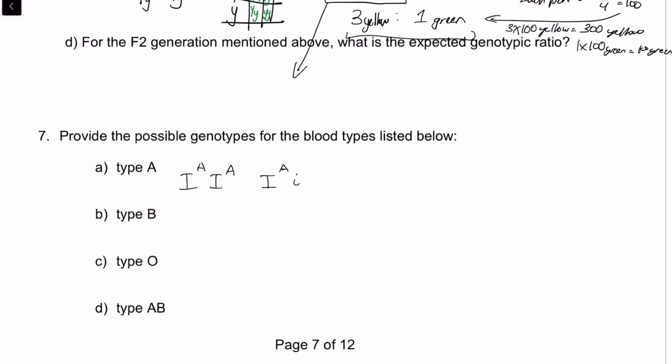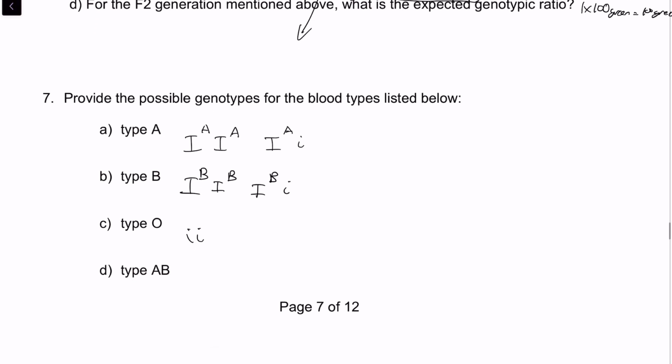Same thing with B, exactly the same, just with B instead of A. Okay, but there's only one genotype for type O, so the type O genotype must be recessive, homozygous for the lowercase i.